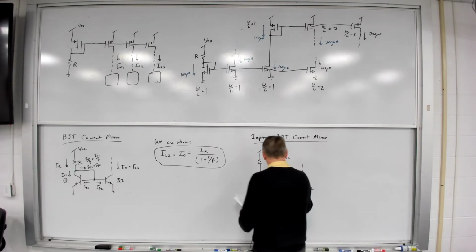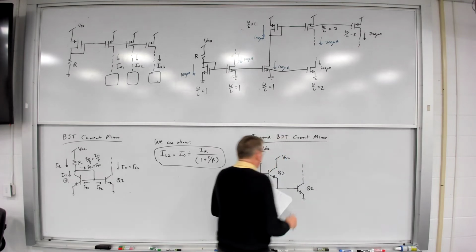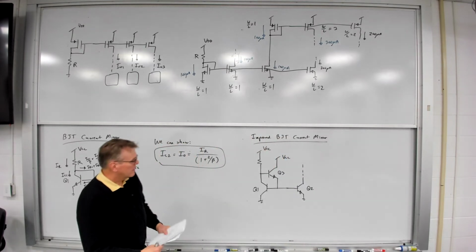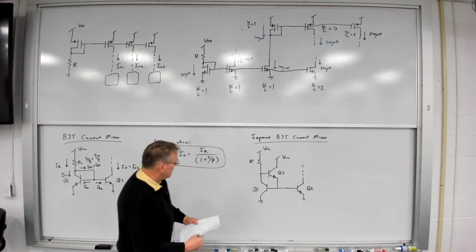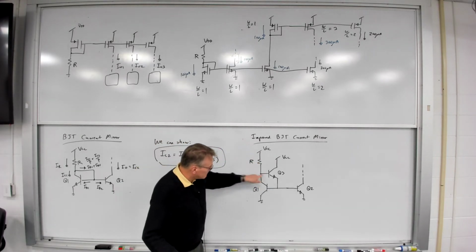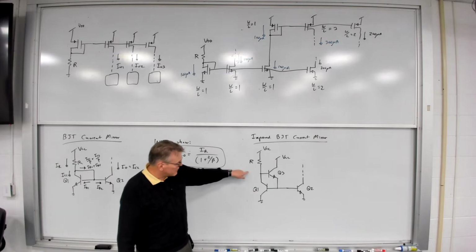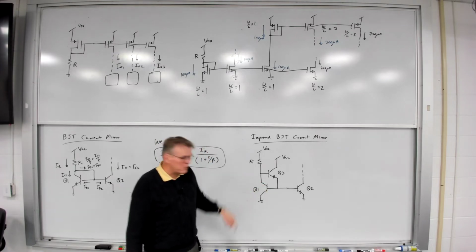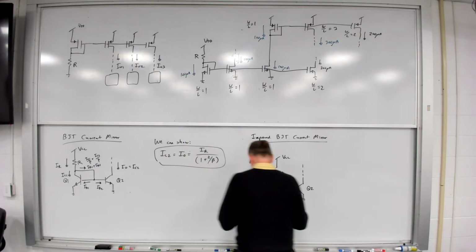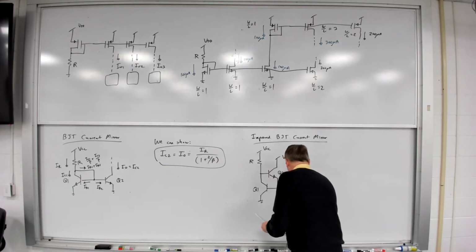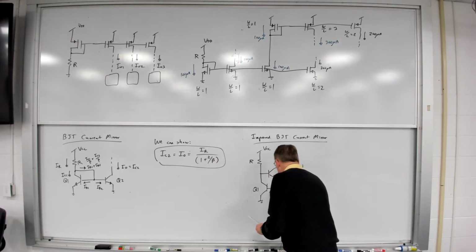Here's my improved current mirror where I've still got my Q1 and my Q2, except I've inserted a Q3 between the collector and the base of Q1. And what's the idea behind this? Well, I've got IB2 here, I've got IB1 here.